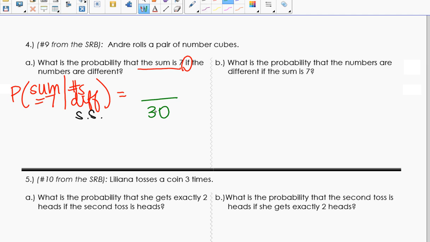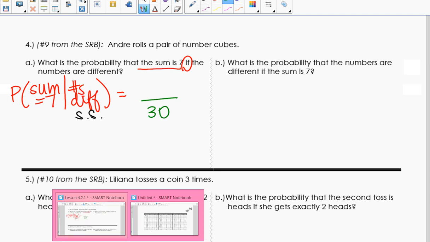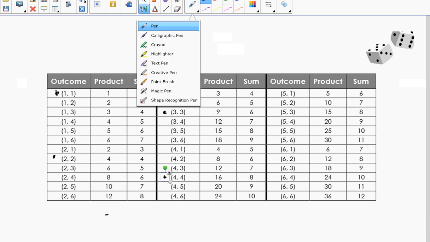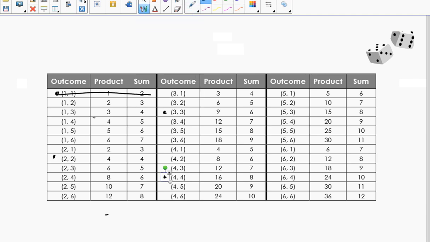Out of those 30, we want to know how many have a sum of 7. So remember, we don't want this one, we don't want this one. These are all the ones that the numbers are the same. So what's left is my sample space, the 30 that have different numbers. So how many of those have a sum of 7?